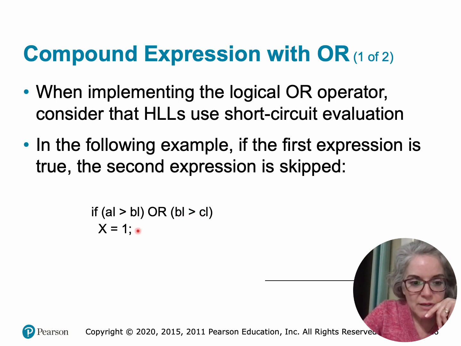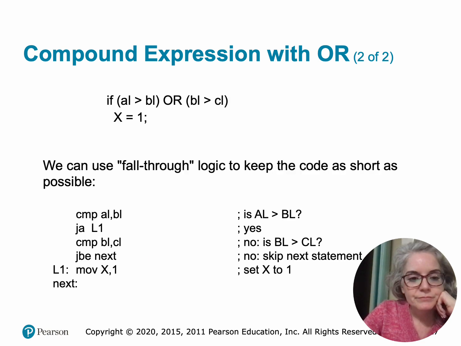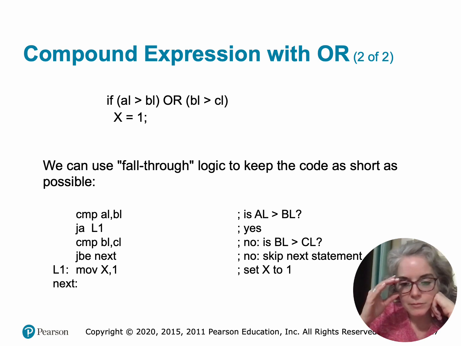If it's true, 1 gets assigned to X. If the second one is also false, then we do nothing. Here's how they implement it with the fall through logic, which is the logic that has fewer instructions. So make sure you type this in and you understand this code.